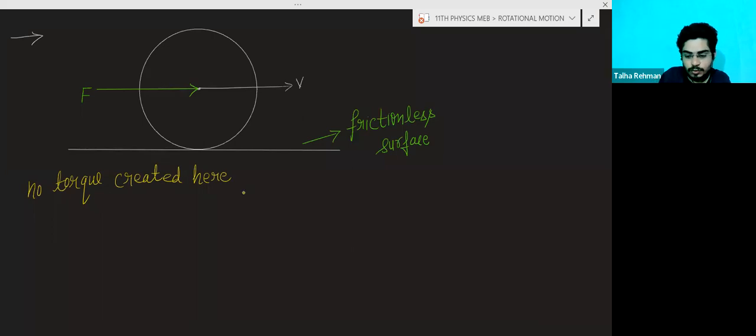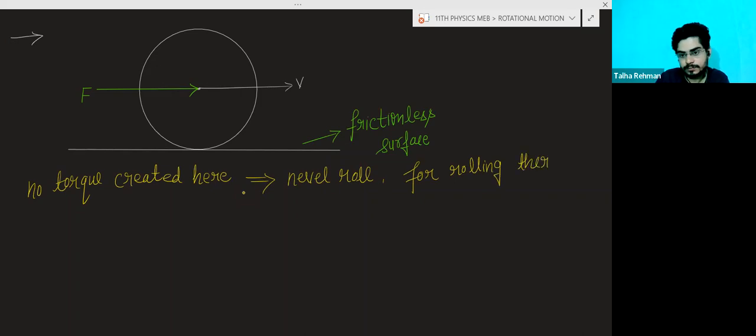If there is no torque, it implies that the body will never roll. So for rolling, there is a requirement of torque.